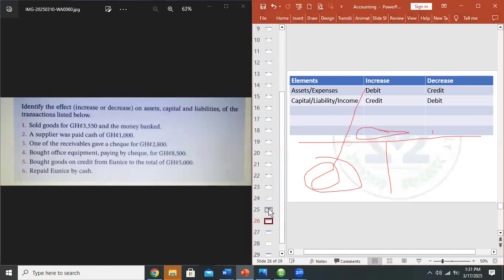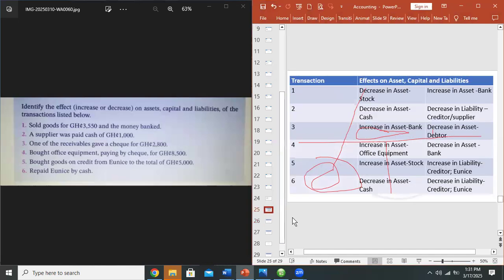And in the first transaction, we all analyzed and realized that this transaction will lead to a decrease in assets, and a corresponding increase in asset bank.